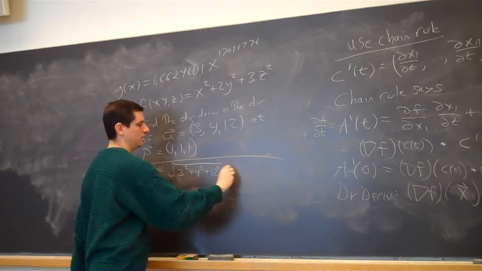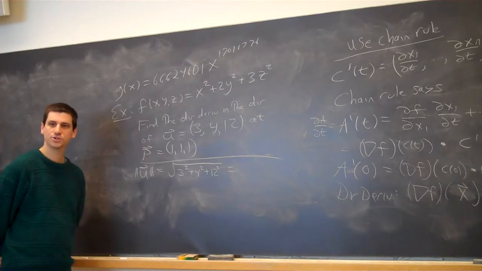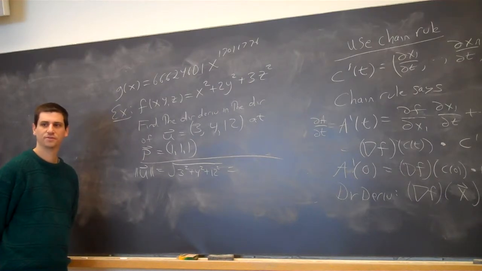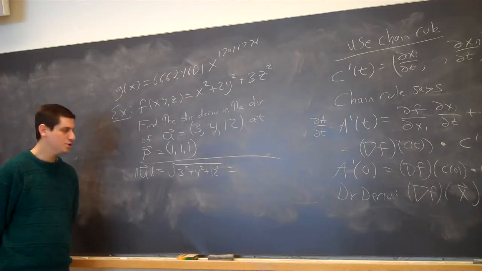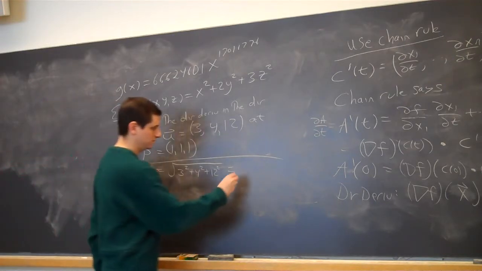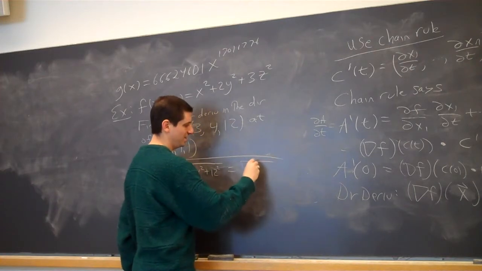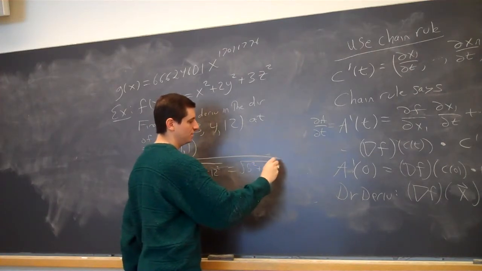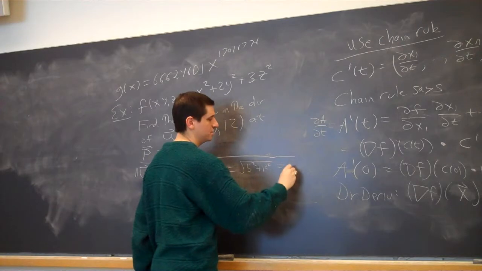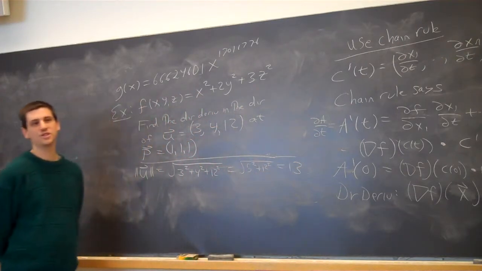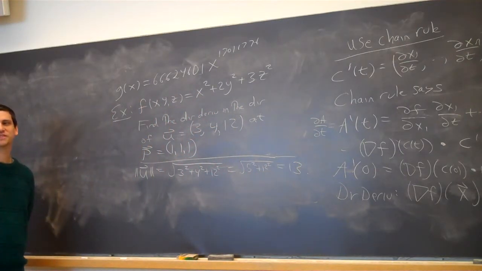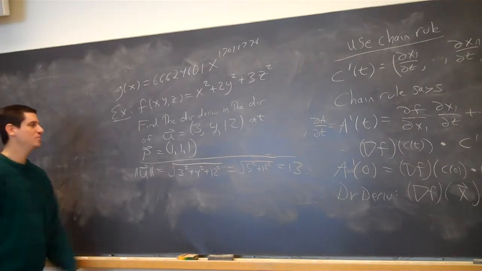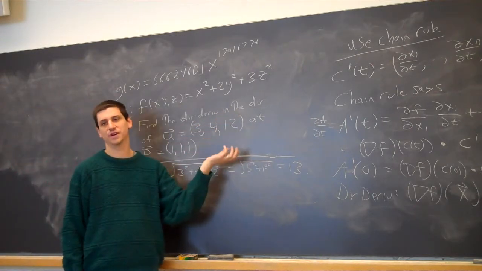What's 3 squared plus 4 squared? 3 squared plus 4 squared is 5 squared. 5 squared plus 12 squared is 13. So there's the 3, 4, 5 right triangle, there's the 5, 12, 13 right triangle. So I'm just using this so I can get a nice unit vector.